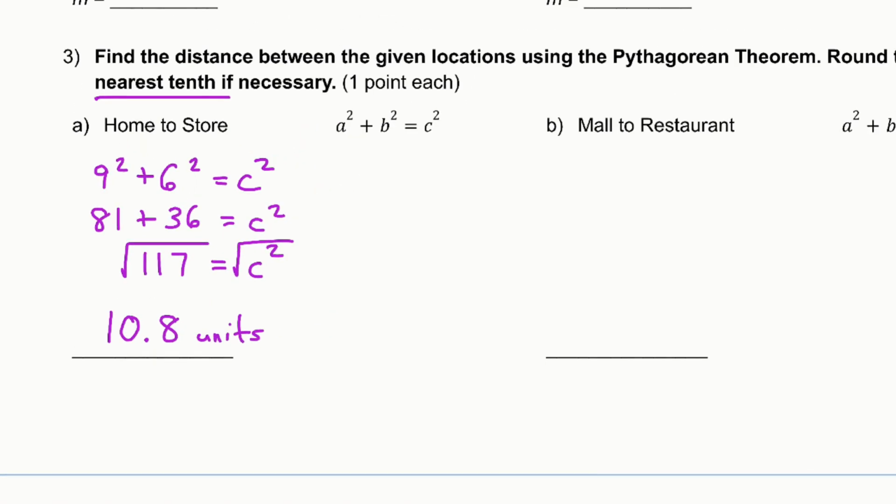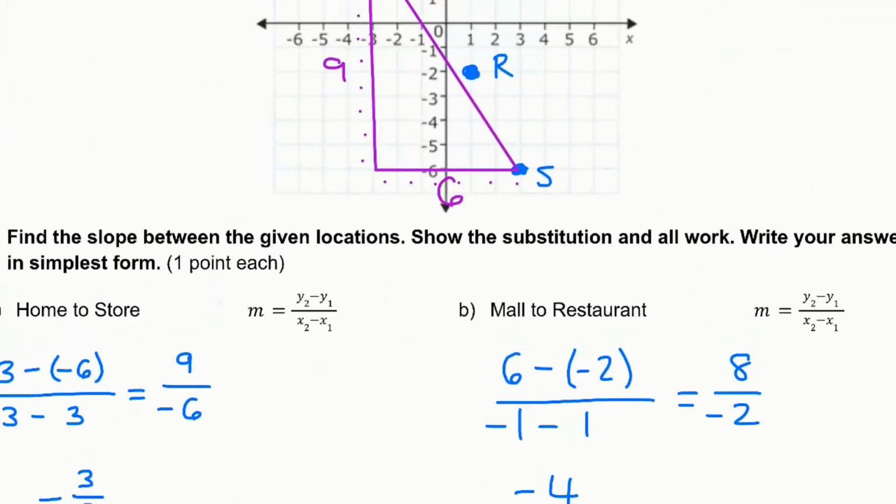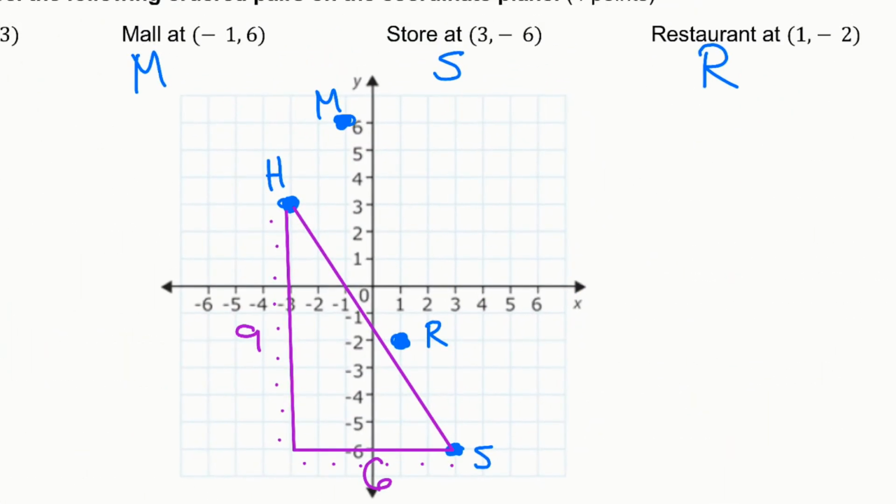All right. From the mall to the restaurant, I'm going to go here. Not perfect, but it'll do.